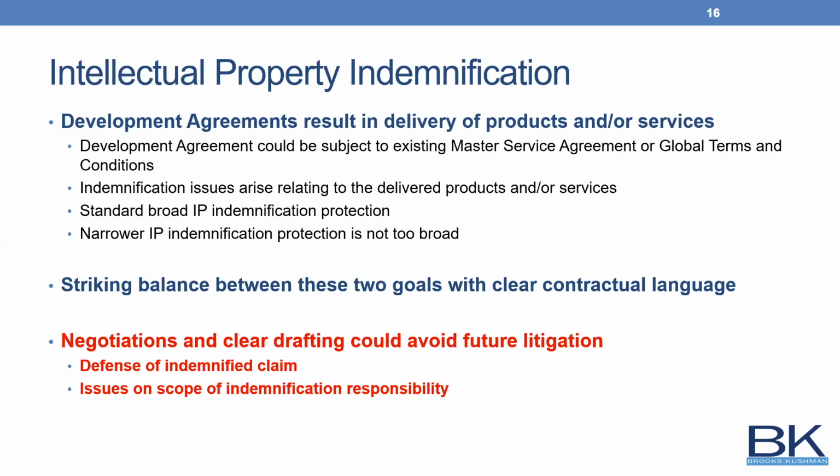And by looking at these issues, the takeaway would be to draft clear language in the agreement to avoid future litigation, because you know exactly what the parties negotiated and bargained for. This could avoid a controversy in the future if a purchaser explains to a supplier that, hey, you're on the hook to indemnify for an allegation of intellectual property infringement. If the language is clear, it could avoid confusion as to whether there's an obligation to indemnify, and that'll be helpful to both parties.